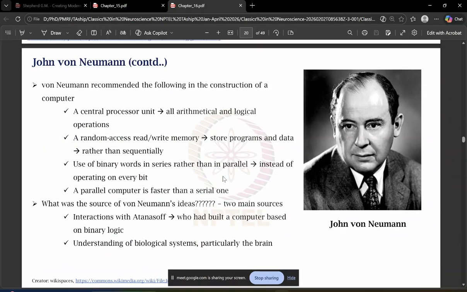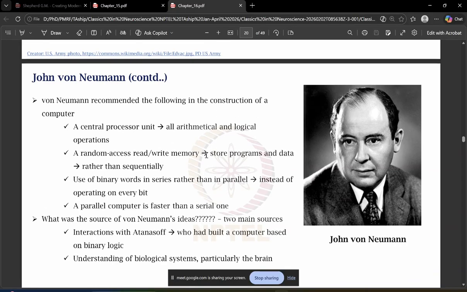But Neumann was not one to be deterred. So this is John von Neumann, and he decided that he will become a part of this project. And he was the one who actually gave a lot of intellectual credibility and reliability to the project.